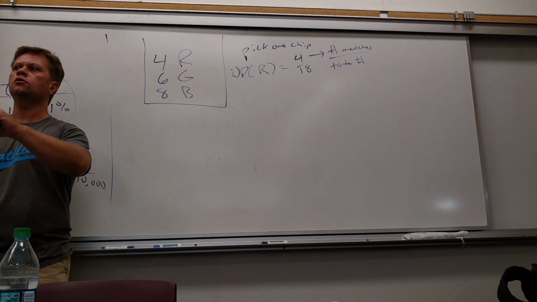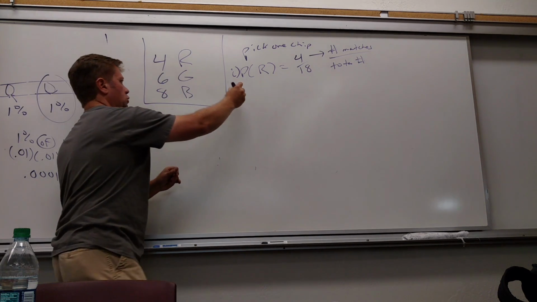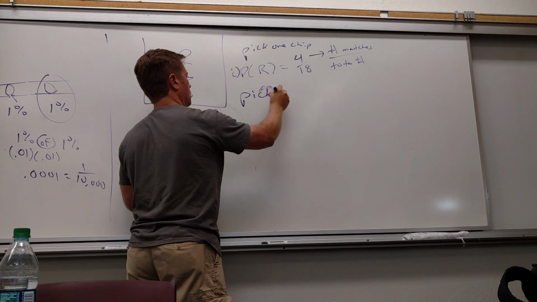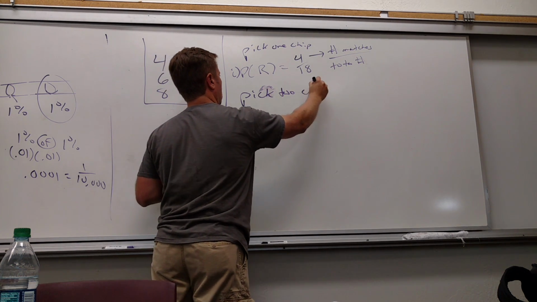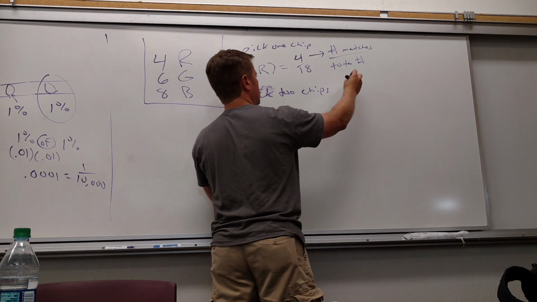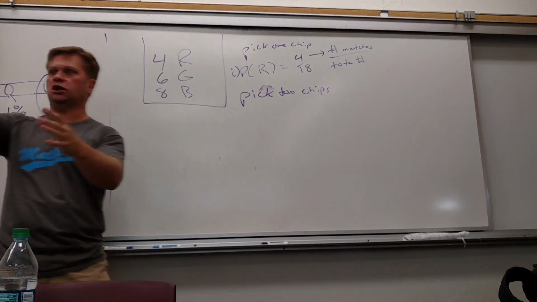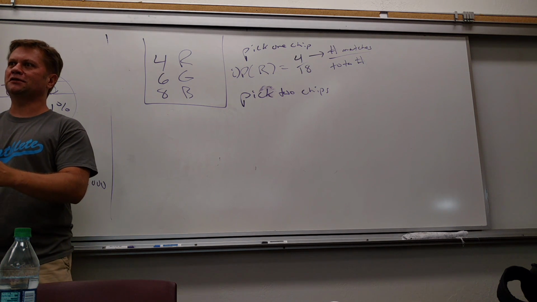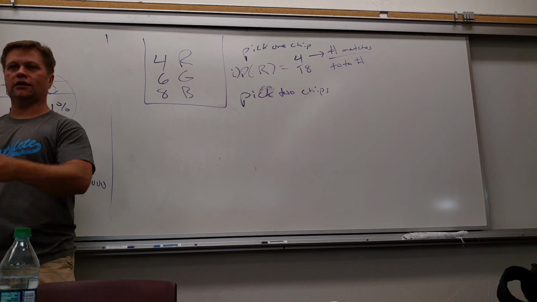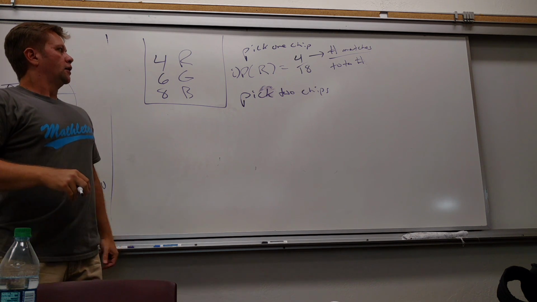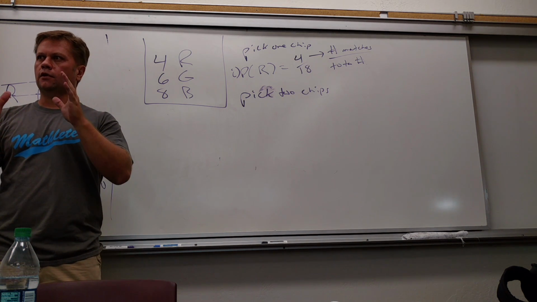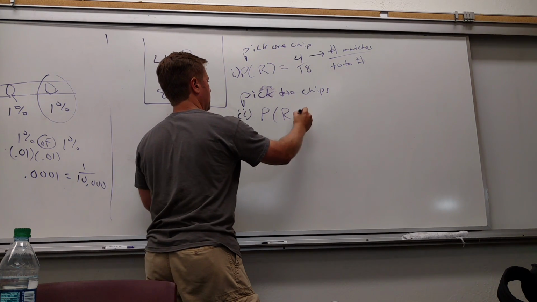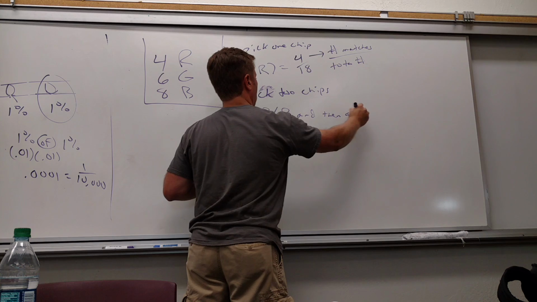Alright, so now what if I pick 2 chips? Two chips, different chips. So I pick a chip and I feed it to my little brother, like I used to do in the old days. I have 2 little brothers, so I can feed them both stuff. Pick 2 chips. What's the probability that I get a red and then a blue?